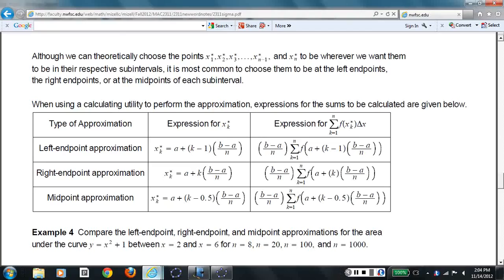What's the value of x sub k star if k equals 3? And we could express x sub k star in terms of, well, what information do we need? The left endpoint of the interval, the right-hand endpoint of the interval, the value of n, how many subintervals are there, and is it going to be the midpoint of each little subinterval? Is it going to be the left-hand endpoint? Is it going to be the right-hand endpoint?